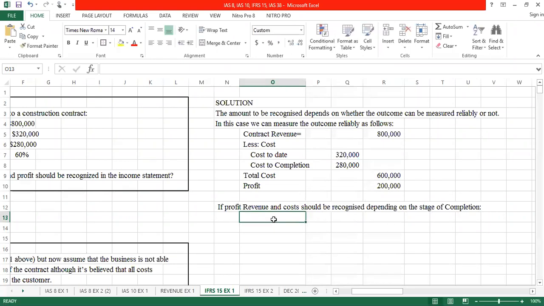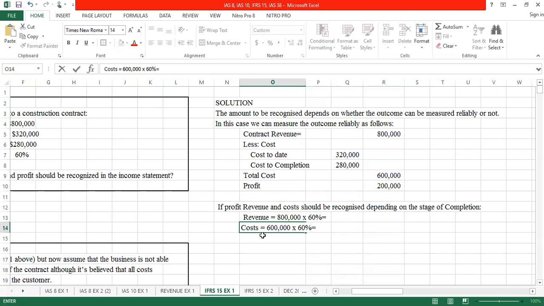So how will we recognize? Look at what I'm doing. For revenue, it will be equal to 800,000 times 60%, and you get your answer. For costs, it will be 600,000 times 60%.